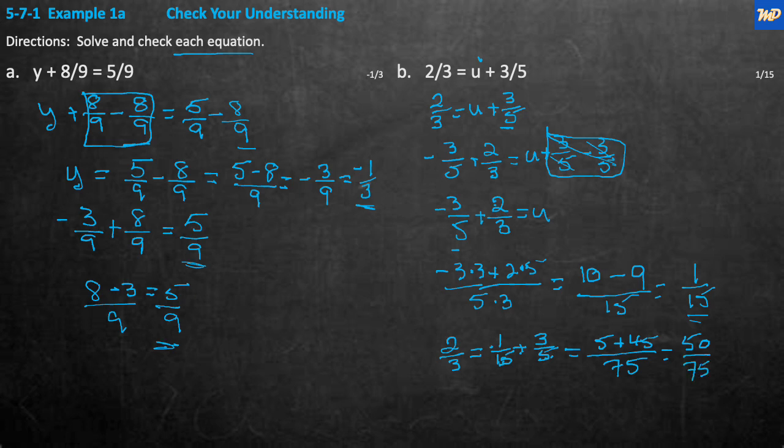And can we reduce this? Well, we certainly can. We can divide out a 25. 25 goes into 50 2 times, and 25 goes into 75 3 times. And is that 2/3 the same as the 2/3 over on this side? It is. So these two are equal to each other. Okay, good job. Let's move to the next slide.